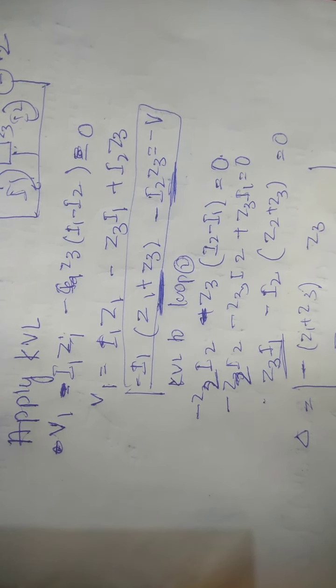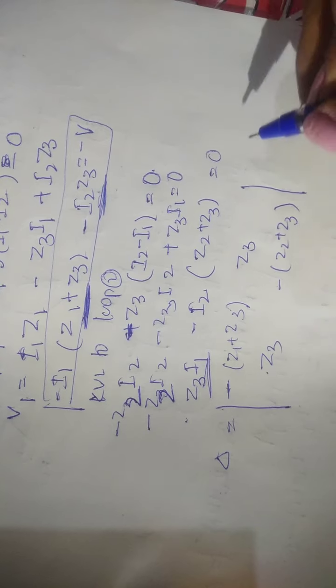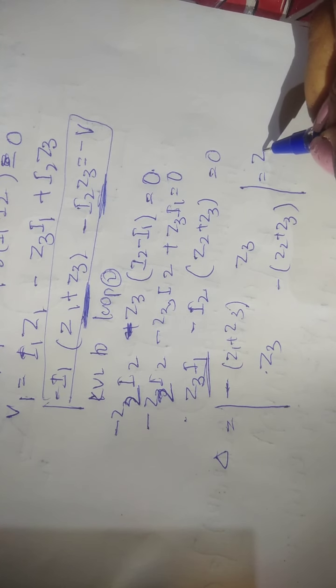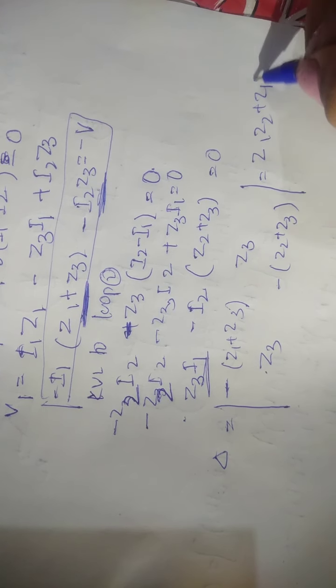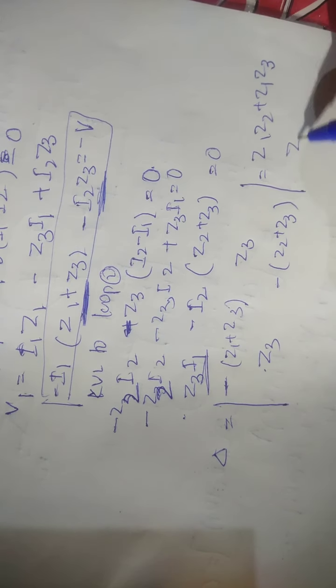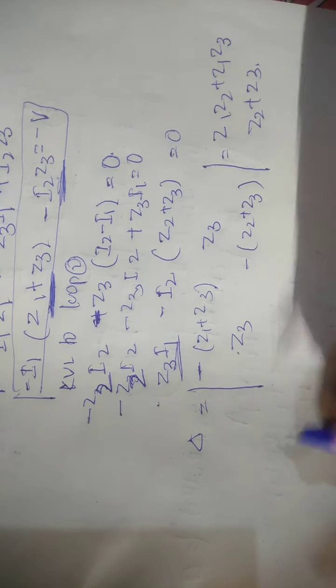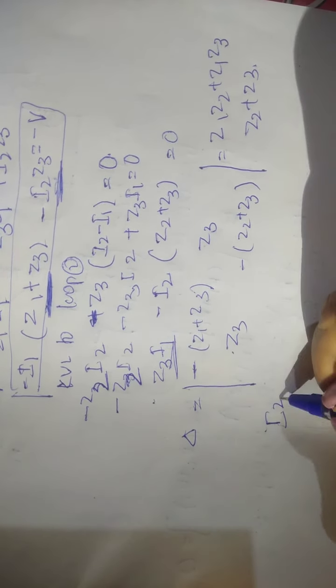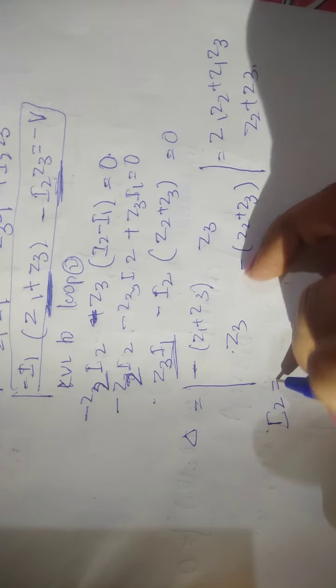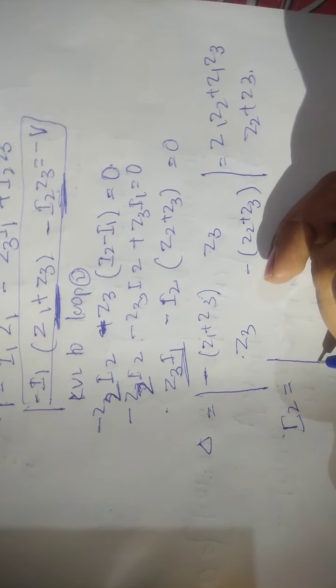By this we get delta as Z1 Z2 plus Z1 Z3 plus Z2 Z3. By this equation we have to find I2, correct?